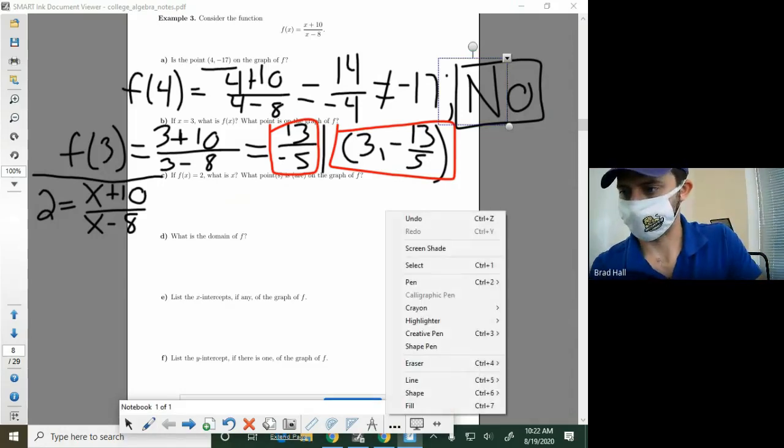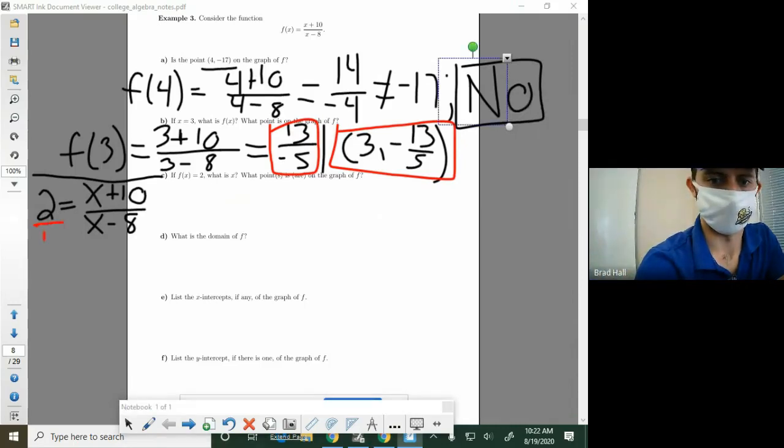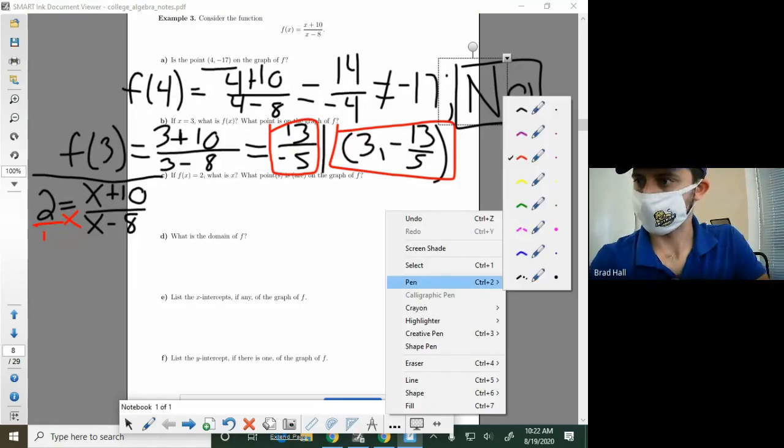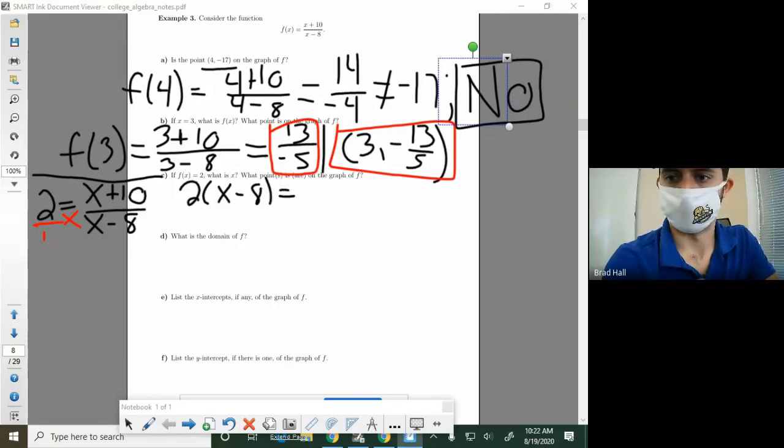So in red, I'll just remind everybody that 2 here is understood to be over 1. And then, of course, you cross multiply. What does that look like? It's going to be 2 times (x minus 8) is equal to 1 times (x plus 10).